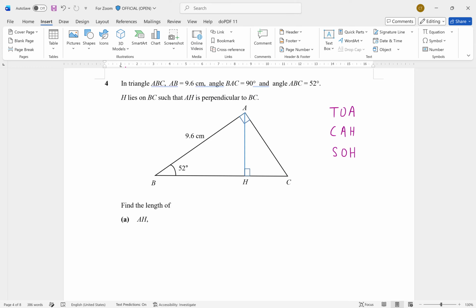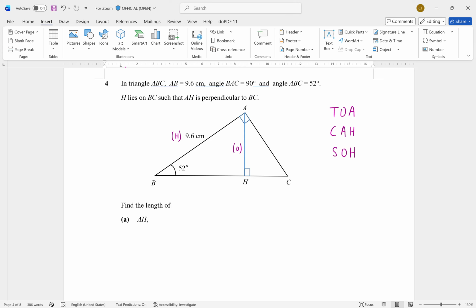So now we can label the sides. This 9.6 that we know is the hypotenuse, and AH that we want to find is the opposite side. Now you look at the three trigo ratios, which one involves O and H? You can clearly see that it's sine.